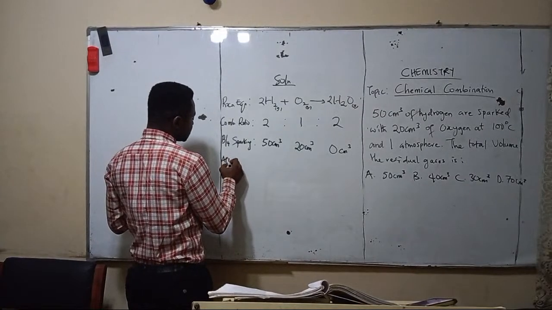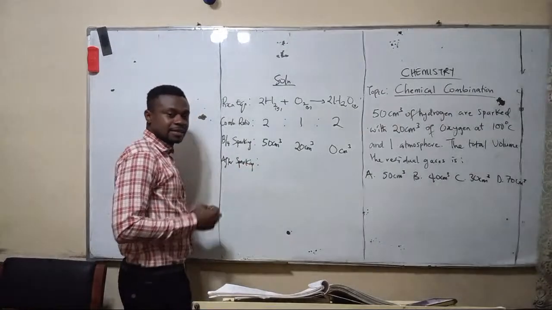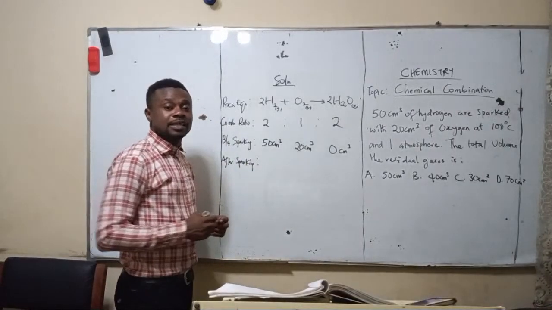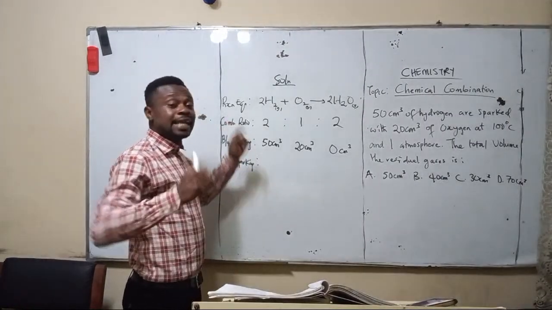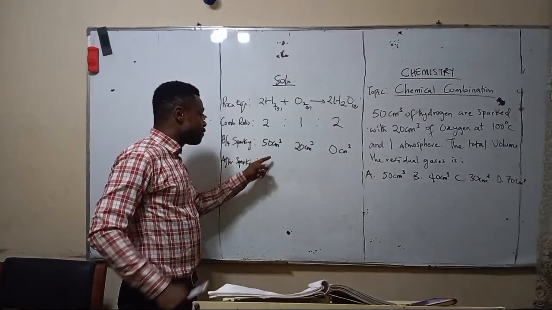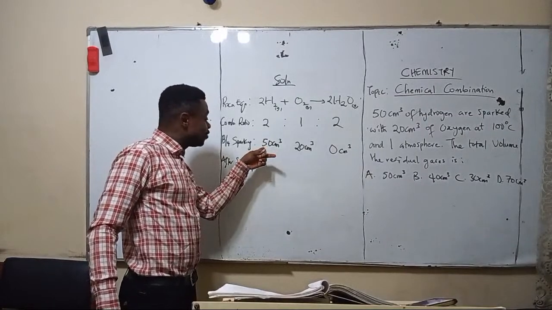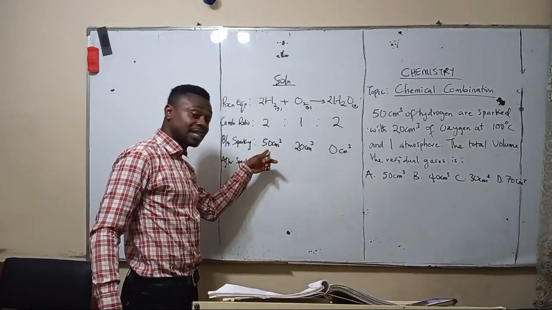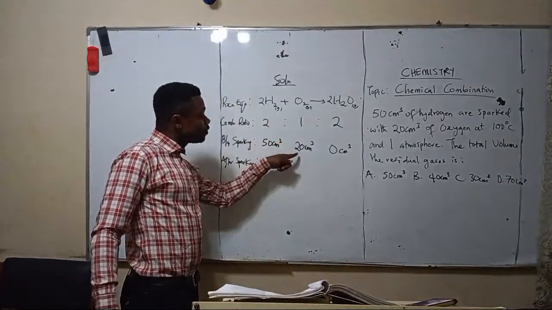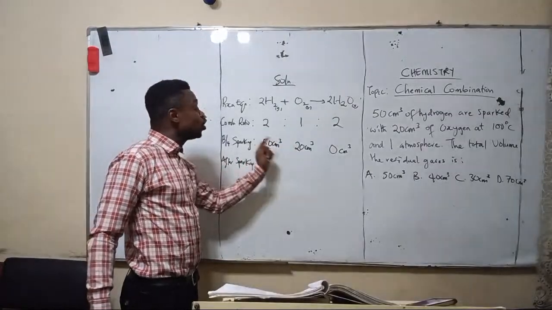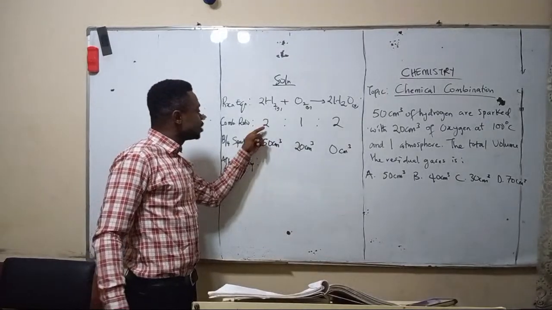Then after sparking, what happens? Now this is where the issue lies. During the sparking, no matter the amount of hydrogen, if you like, put 100 cm3 of hydrogen here, only 2 times the volume of oxygen will combine, because they are in 2:1.